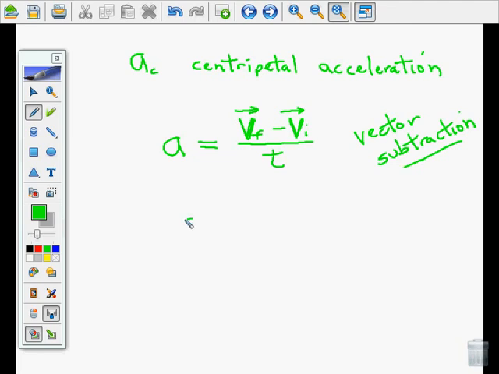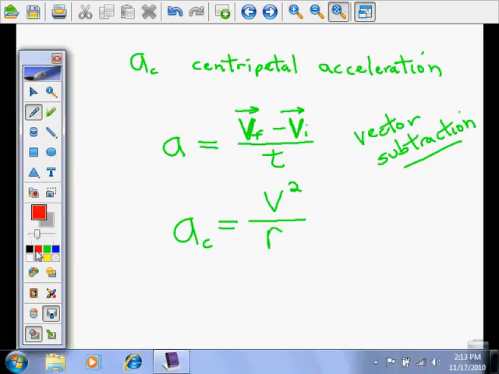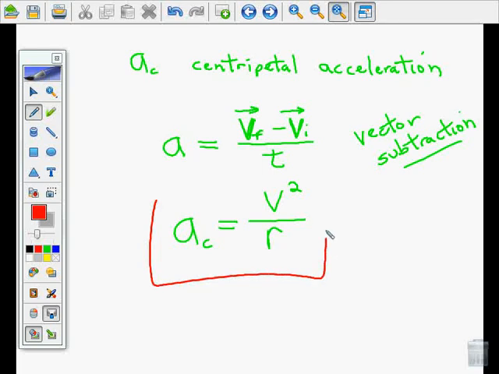To calculate that inward centripetal acceleration, if you take the velocity that you calculated before, 2 pi r over the period, and you square it, and then you divide that by the radius, that, ladies and gentlemen, gives you the centripetal acceleration.